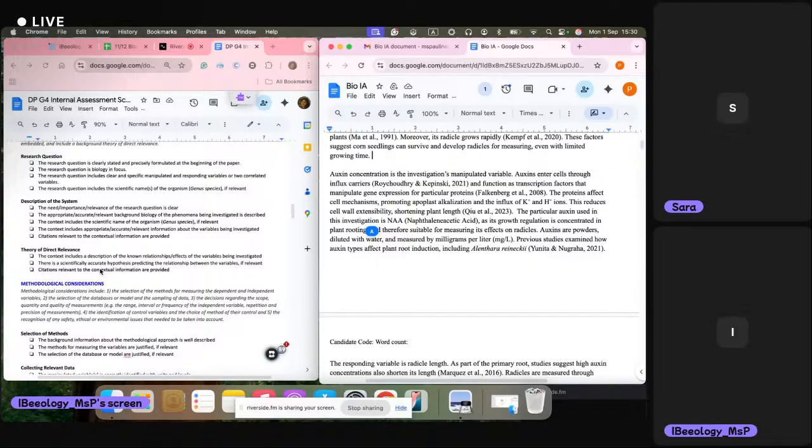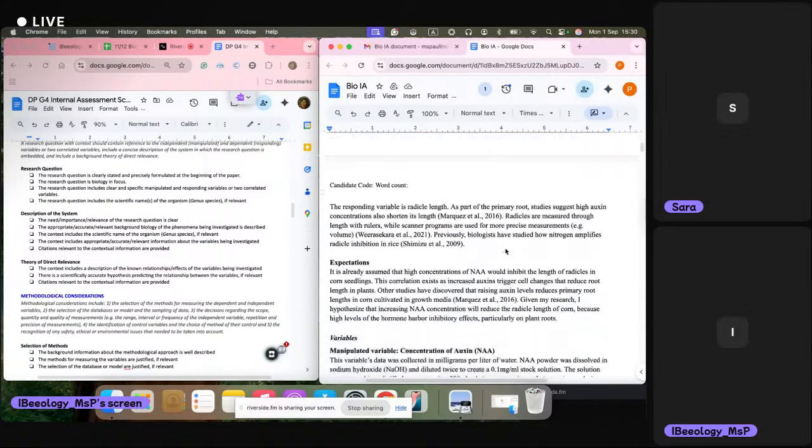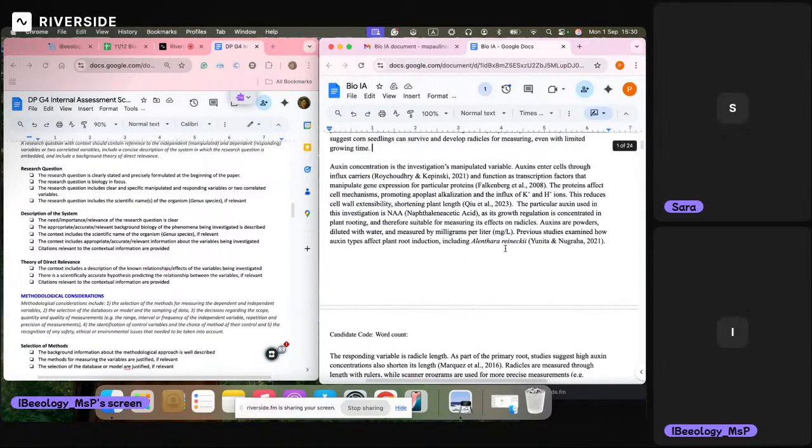How relevant and how reliable is your information? There should be a scientifically accurate hypothesis predicted in the relationship. If it's relevant, citations of contextual information are provided. You did provide a lot of that. It's just that it's way too much, as I expected.